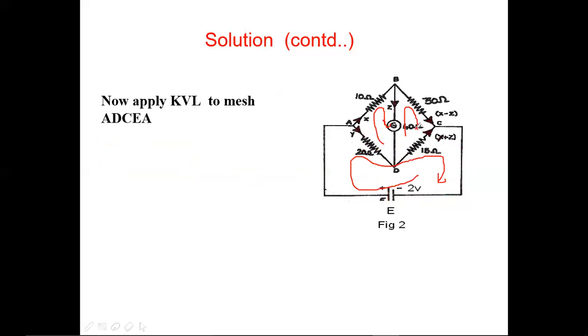You need to follow three loops clockwise. Next, your second step is you need to give the signs plus and minus based on the branch current path. For this it is a plus and minus, for this it is a plus and minus, for this it is a plus and minus, for this it is a plus and minus, right?